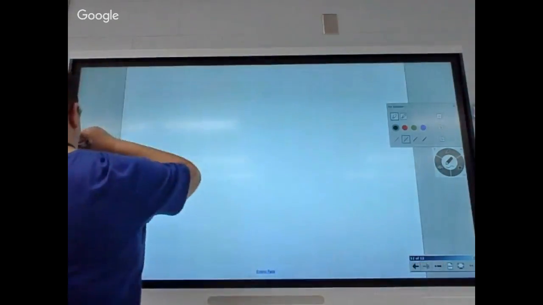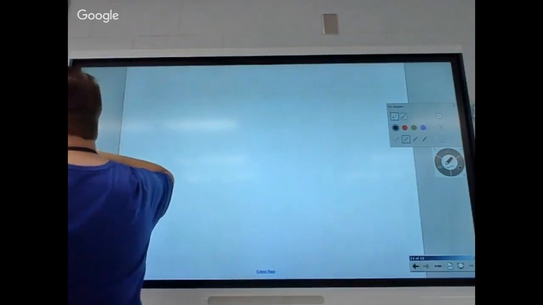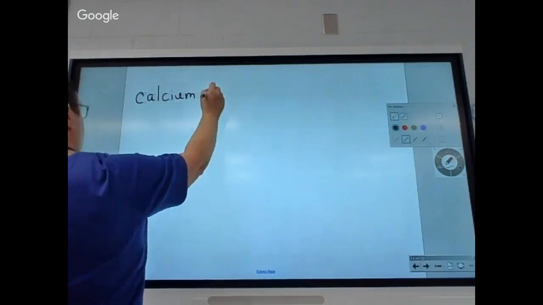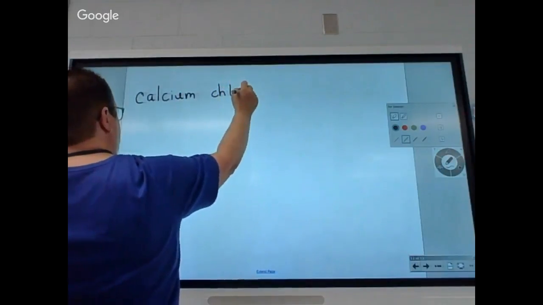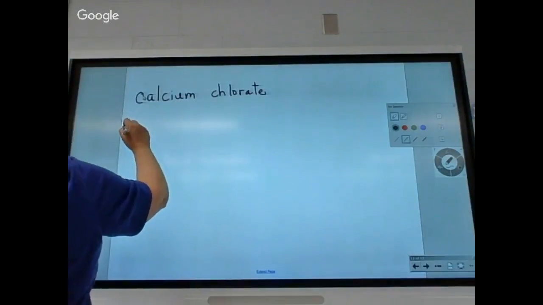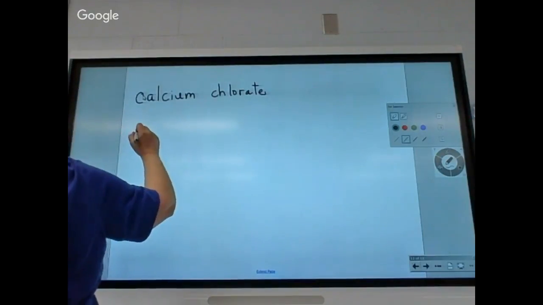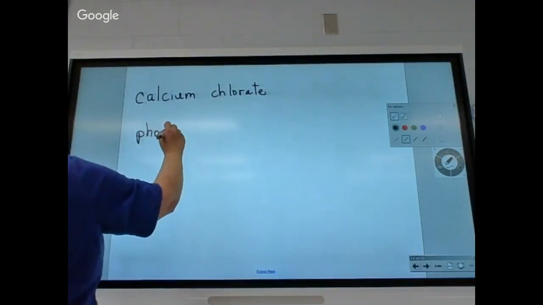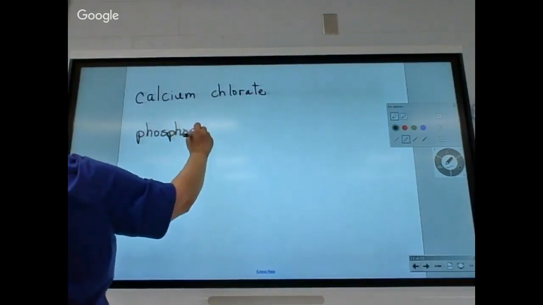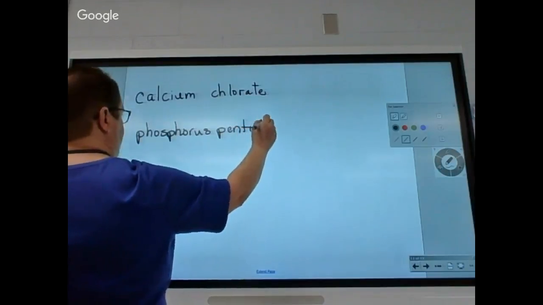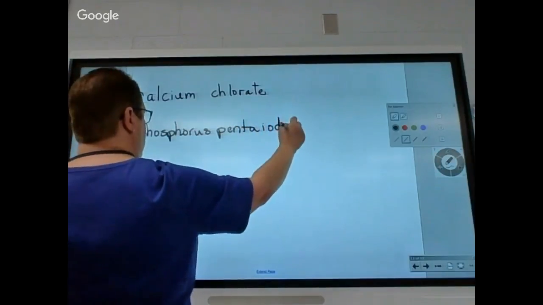All right. So let's say that I give you calcium chlorate. I give you phosphorus penta iodide.